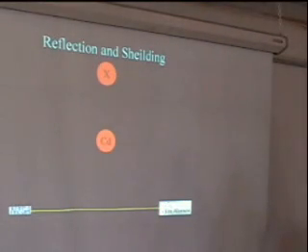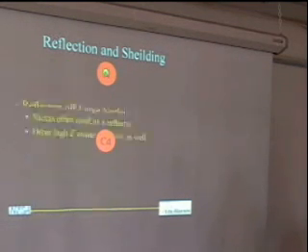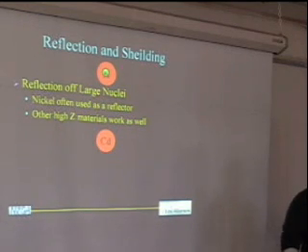You can also use reflection off of large nuclei to enhance your counting rate if you want to scatter more neutrons into your detector. Nickel is often used as a reflector, but other high Z materials will work as well.